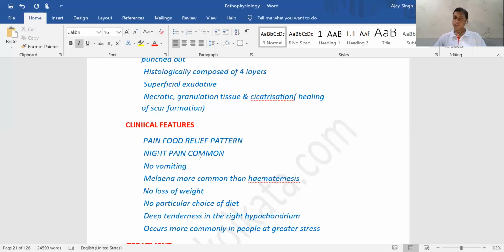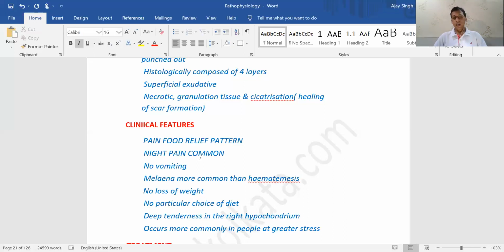Hematemesis, blood in the vomit, means they are suffering from gastric ulcer. If fresh blood comes, it is coming from the rectum area; the black stool is what we call melena. If you do a stool test, you can also confirm there is blood in the stool.